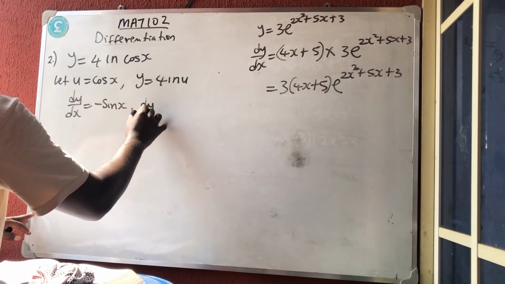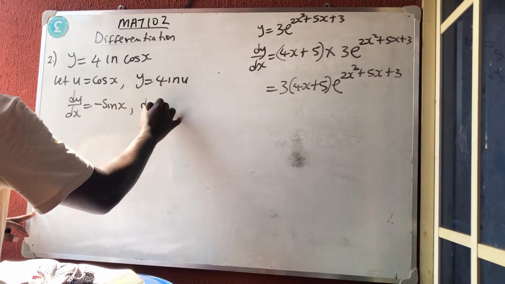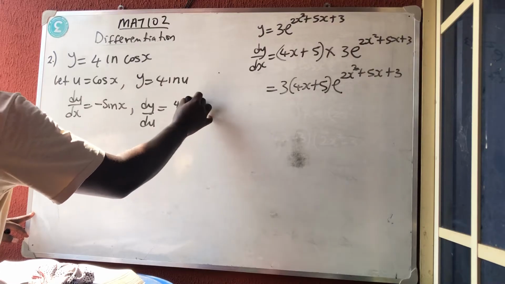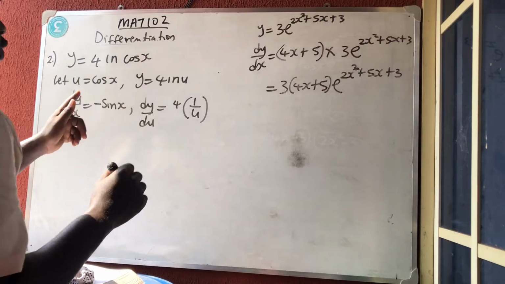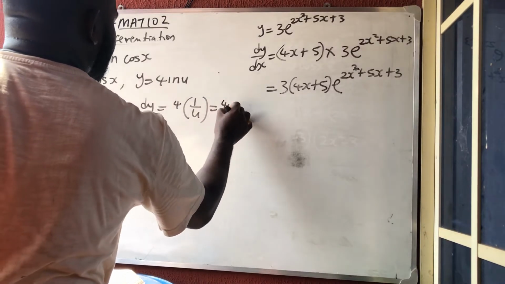So dy/du will give me 4 bracket 1 over u. Don't forget that ln x gave us 1 over x. So ln u will give us 1 over u. So it will now be 4 over u.